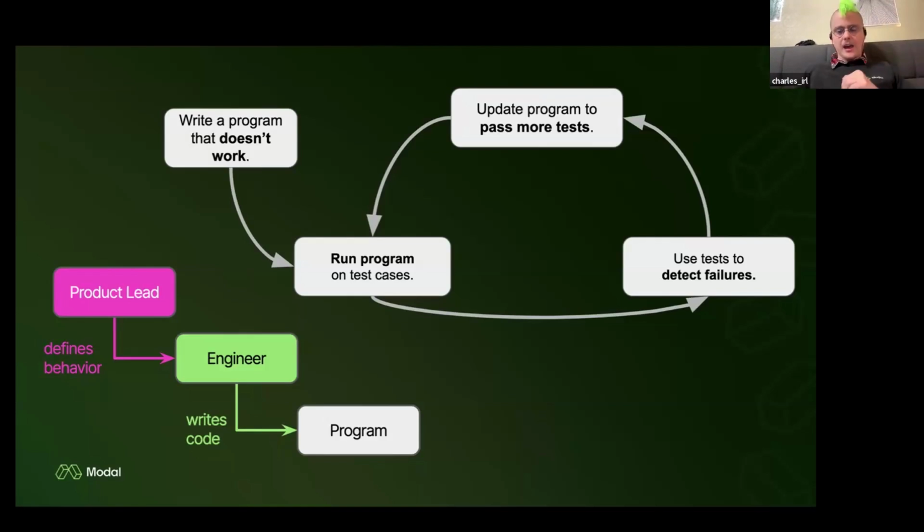In the abstract model, or when people talk about best practices, they say start off writing a program that doesn't work, then write test cases that fail, and run your program on those test cases. They'll fail. Now you know what you need to implement, things that cause you to pass the tests, and you do that until you pass all of the tests. So that's one model of how you build software.